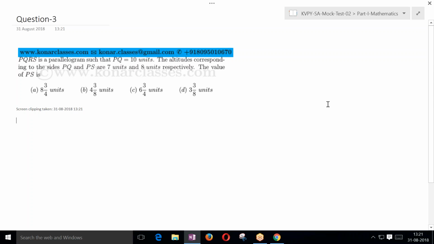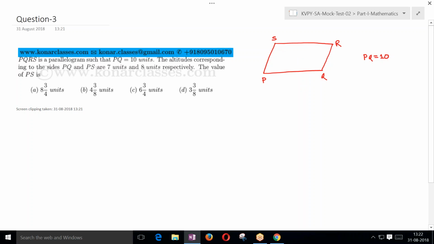First, let's draw that parallelogram. So this is the parallelogram PQRS. It is given PQ is equal to 10, and the altitudes corresponding to PQ and PS.